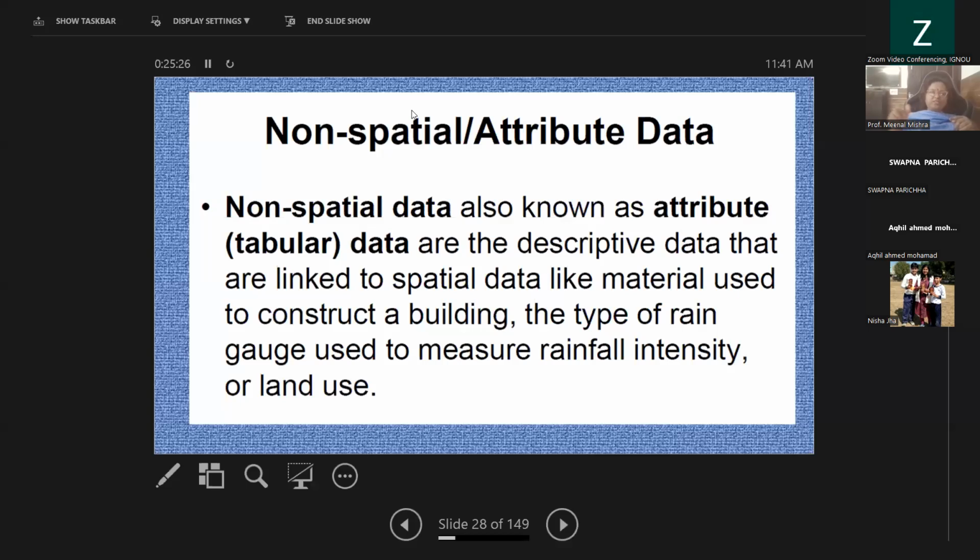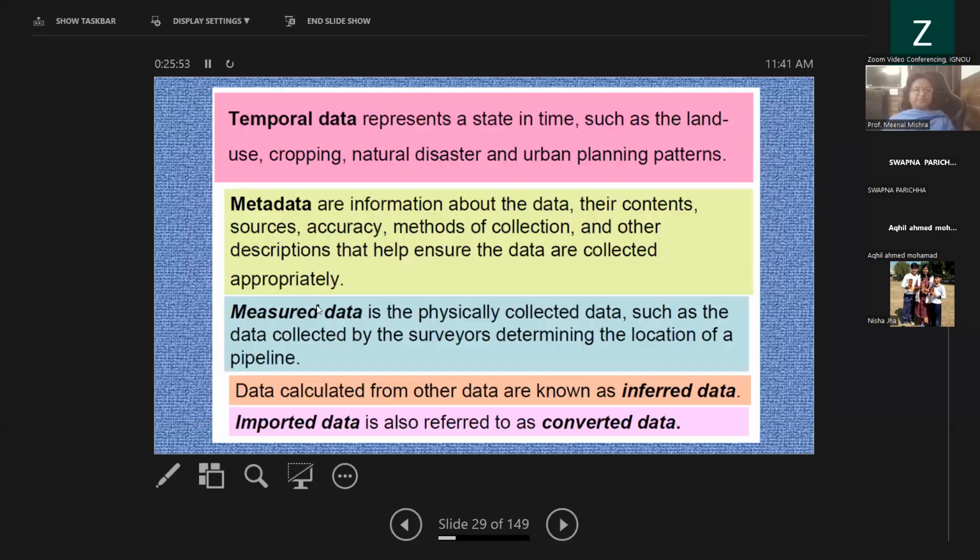Or the related data connected with that building, that becomes non-spatial. Or if you have installed some rain gauge to measure rainfall density, what is the type of rain gauge? That becomes attribute data, that describes the data. That becomes attribute or non-spatial data.